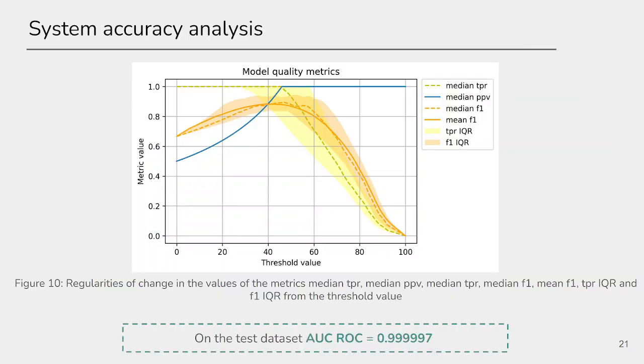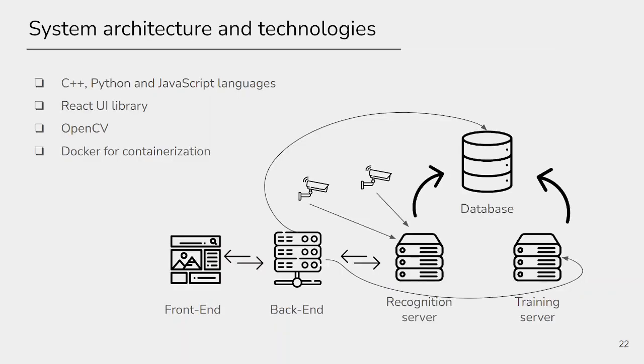So the system was tested on common metrics on this dataset, see Figure 10, and the AUC-ROC value at the optimal threshold is shown below. System architecture, technology, and detailed interaction of system components are shown on this slide.